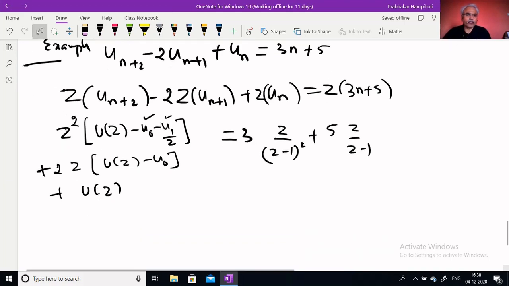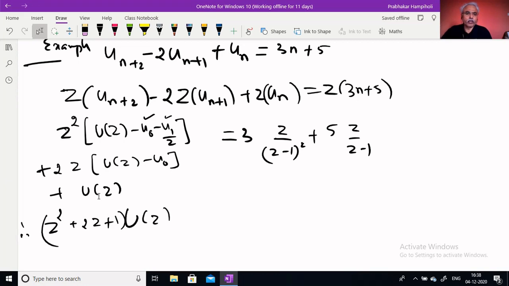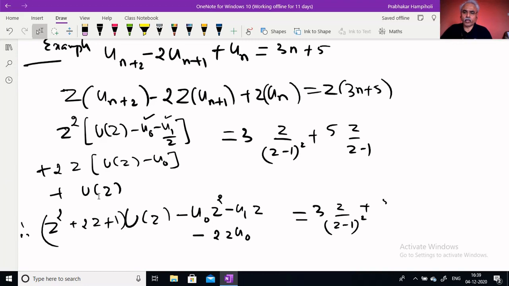So with a little care, if I write the z terms, it is z square minus 2z plus 1. This becomes the u of z term. Remaining are minus u0 z square minus u1 z and minus 2 times z u0 equal to the right hand side, as it is, 3z by z minus 1 whole square plus 5 times z by z minus 1.